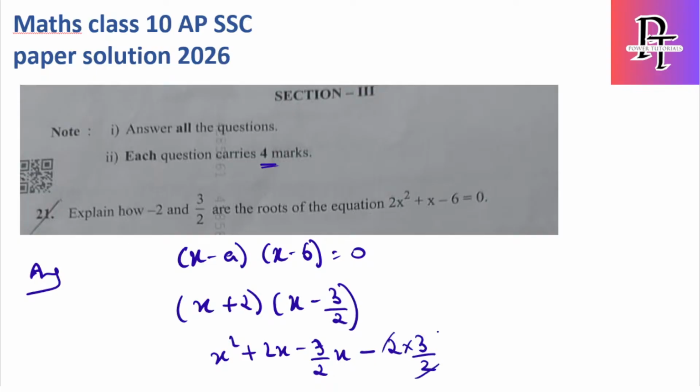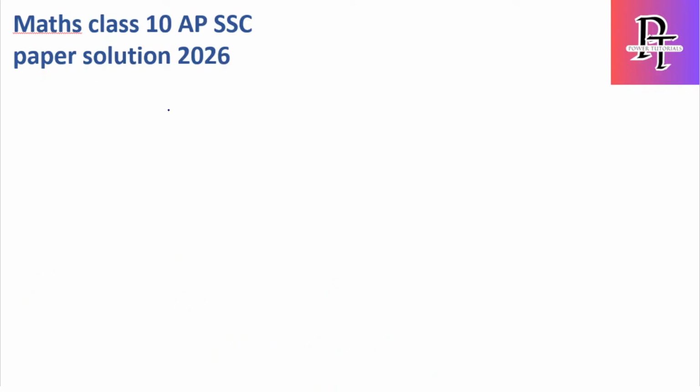So this 2 gets cancelled out. In the next step, for x square, if I take the LCM, this becomes 4 minus 3. So x square plus x into (4 minus 3) by 2 and minus 3 is equal to 0.